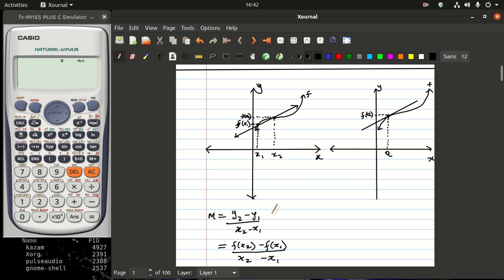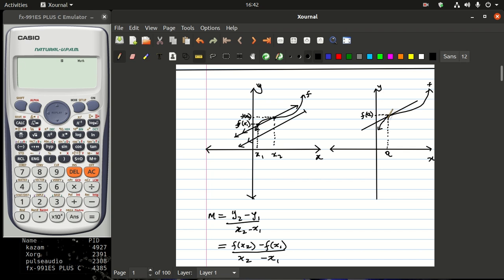The third important thing is that if I have another line that is parallel to this line, then their slopes are equal. Let me repeat it: the slope of two lines that are parallel is the same, so they have the same gradient.